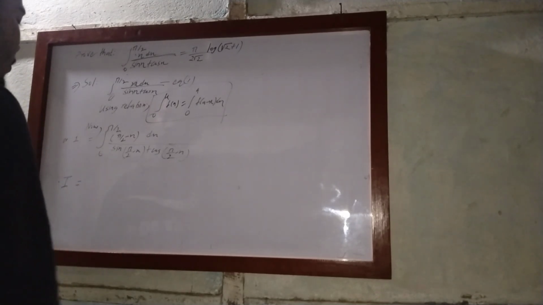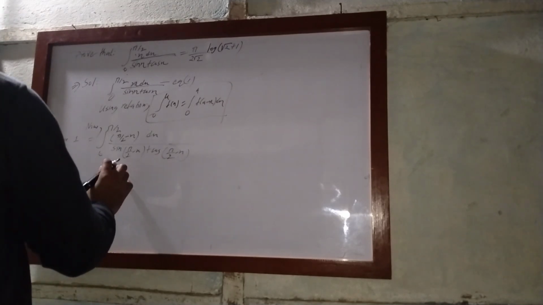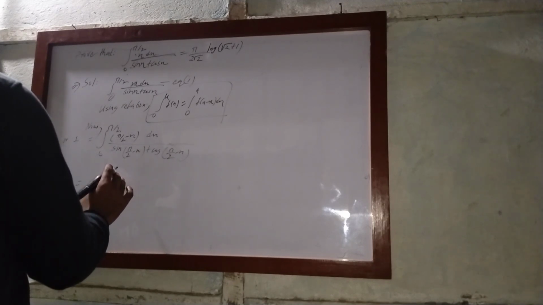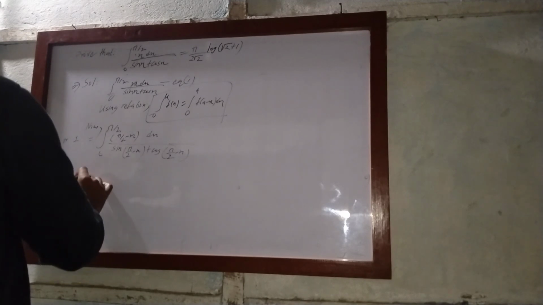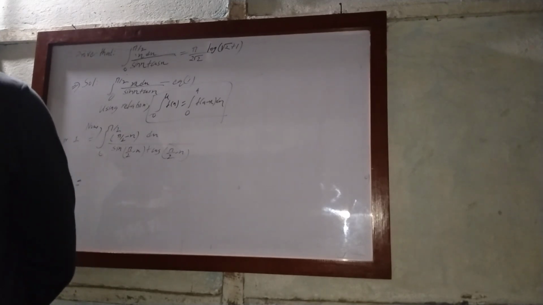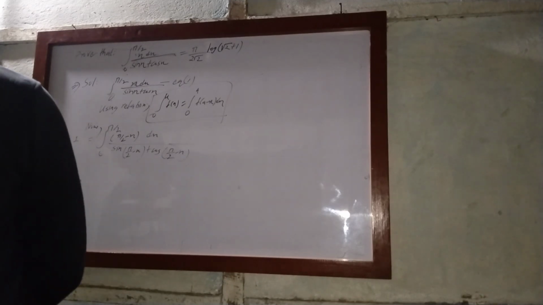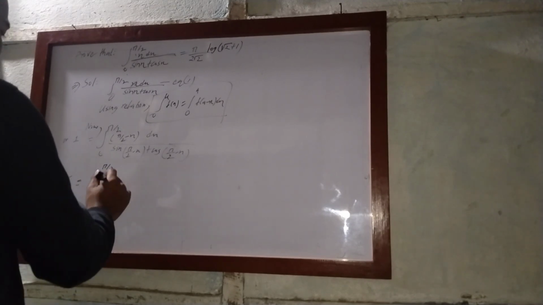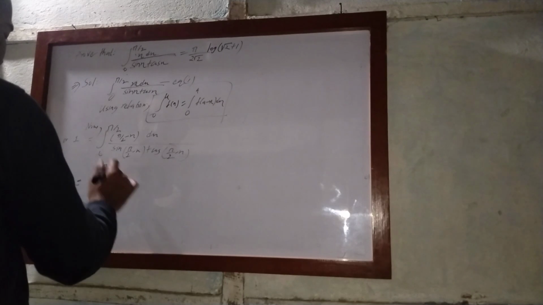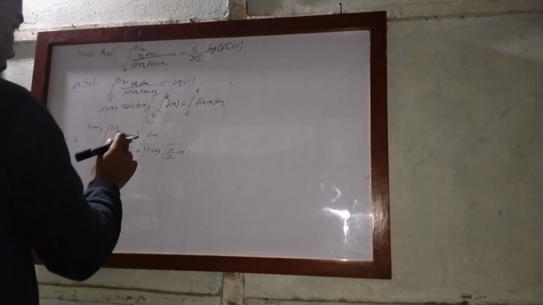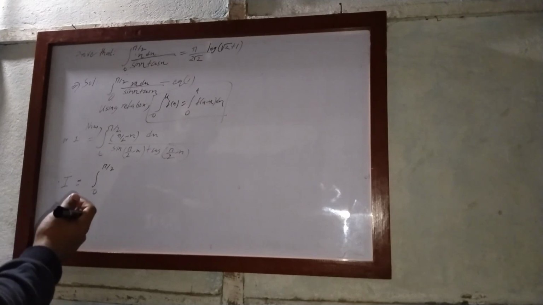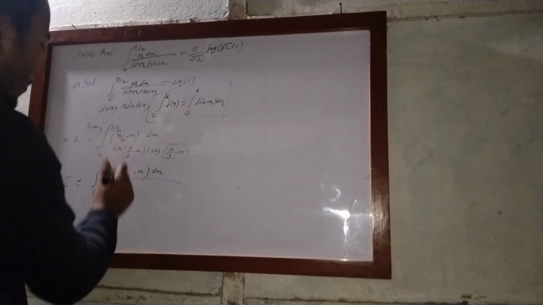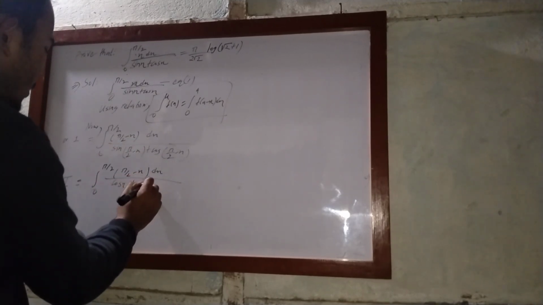Now we have the integral from 0 to pi by 2 of (pi by 2 minus x) dx by (cos x plus sin x).